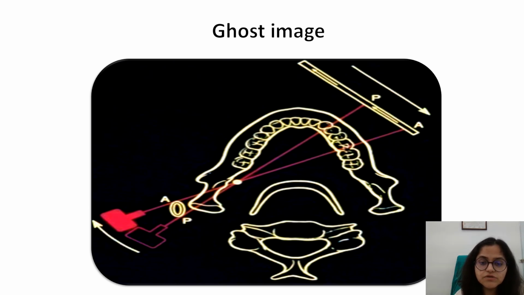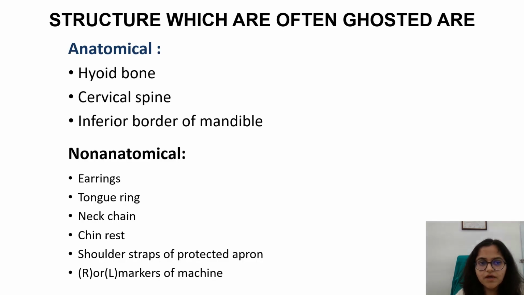So this dot is your center of rotation and your source is the X-ray tube, and this is the image receptor, and the oval shaped object is between the center of rotation and the source. Structures which are often ghosted are anatomical structures like hyoid bone, cervical spine, inferior border of mandible, and non-anatomical structures like earrings, tongue ring, neck chain, chin rest, shoulder straps, and the marker of the machine.